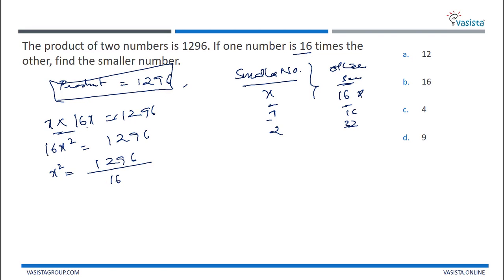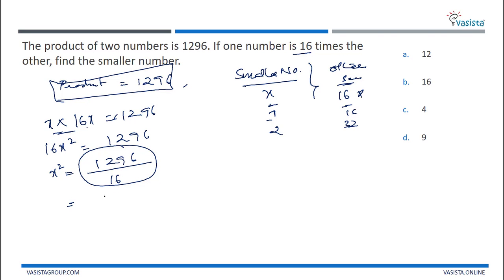When it is in the numerator, if you transfer it to the other side, it will become the denominator. Now simplify this. You can divide directly by 16 or by 2.